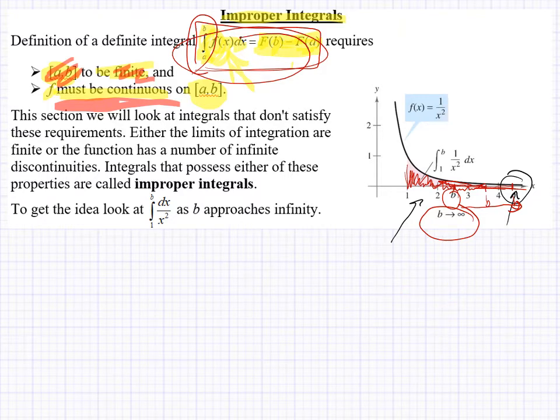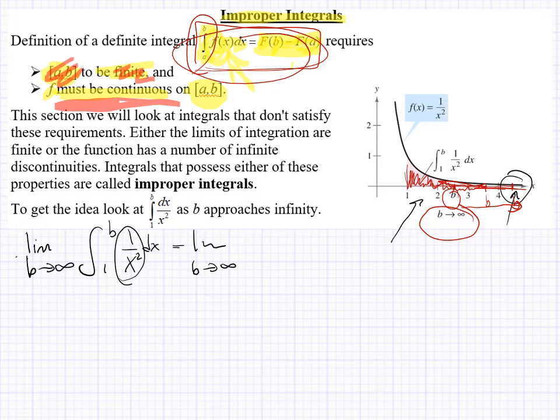So let's do the integral. So we have the limit as b goes to infinity of the integral from 1 to b of 1 over x squared dx. And so that's going to give me the limit as b goes to infinity of, well, the integral of 1 over x squared. x to the negative 2 would be how I'd have to write this. So the integral of x to the negative 2 would be negative 1 over x between 1 and b.